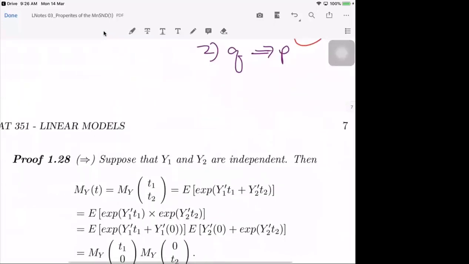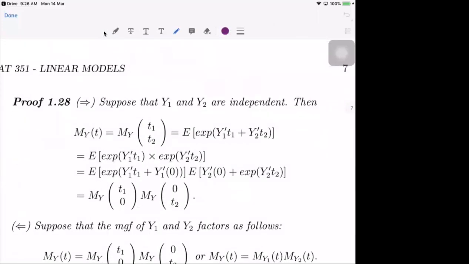So for the P implies Q scenario, you suppose that y1 and y2 are independent. Then by definition of moment generating function, the moment generating function of y at t, but your t is expressed in this manner, can be written as the expectation of e.